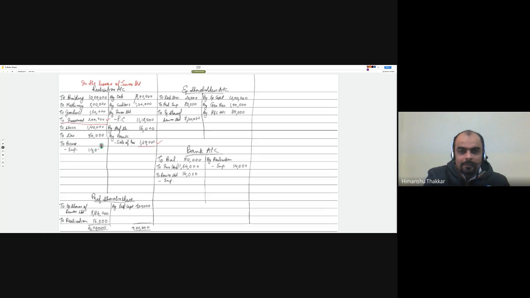Just close realization and find out whether there is a profit or loss. Just calculate it. The difference, if it comes on the credit side, it's a loss. If it comes on the debit side, it's a profit. So just calculate whatever amount you get. You'll get the amount on the credit side, that is by equity shareholders.